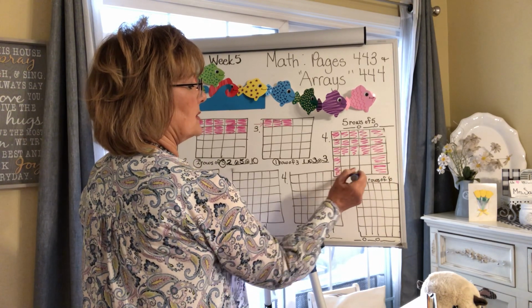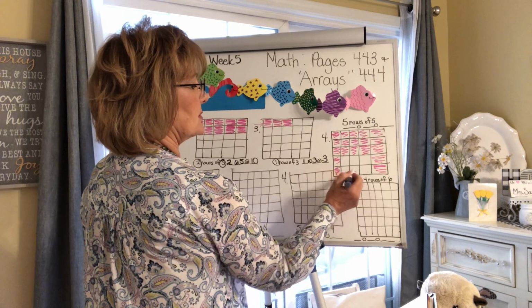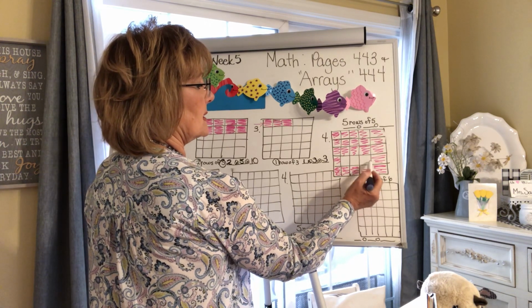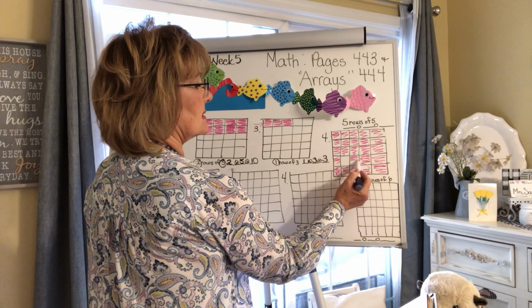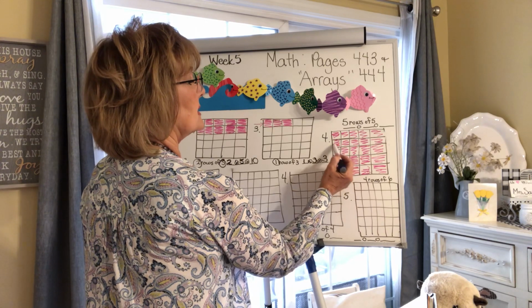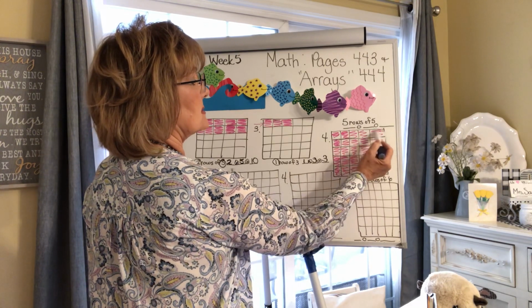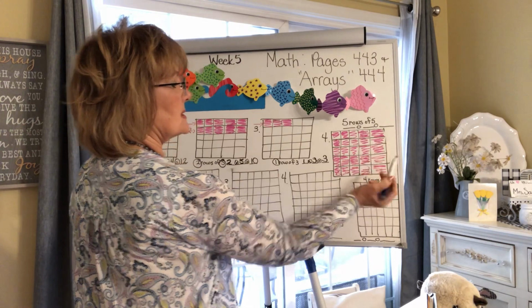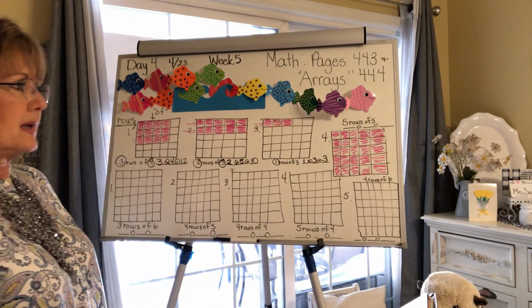It's not 1, 2, 3, 4, 5. It's 1, 2, 3, 4, 5. Okay? I'm trying not to get the black because then it makes my pink or whatever color this is get all smeary. Okay? So it's the whole array.